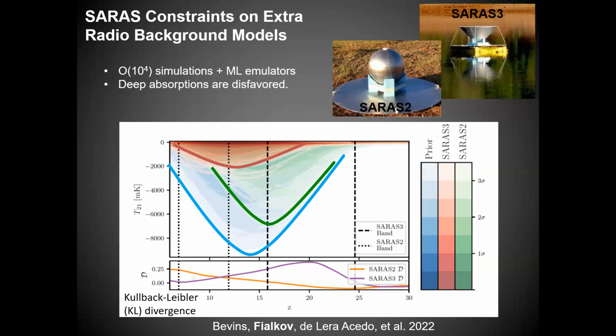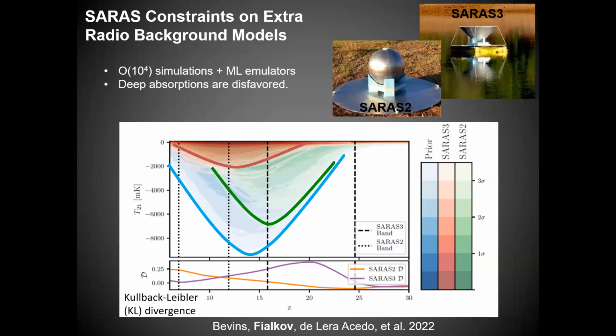So in blue, we show what is called the prior distribution of theoretical models, all the possible range of models that we can think about. And then in red and green are the posterior, so models that are compatible with observations so far. Red are compatible with this SARAS-3 antenna that observes very early times, and green are compatible with SARAS-2 that observes later epochs.